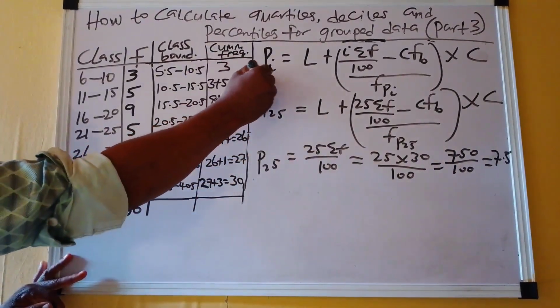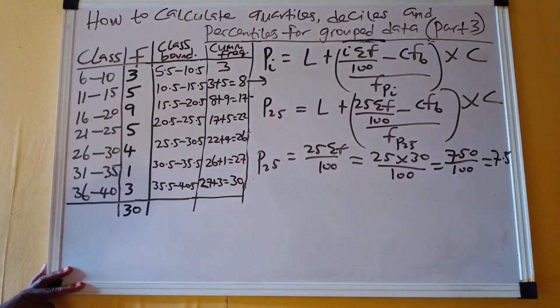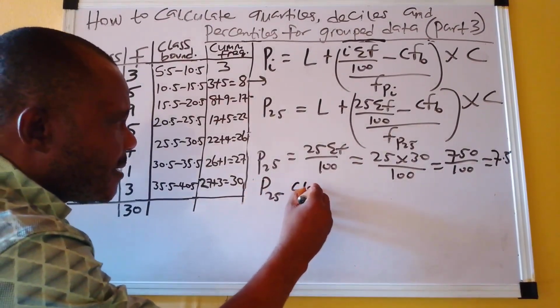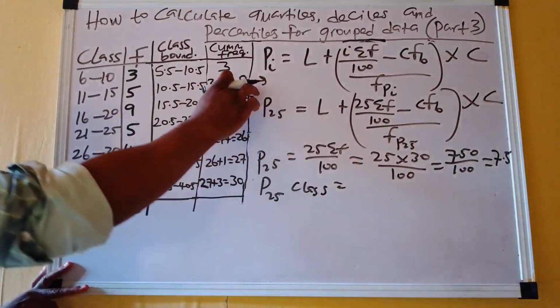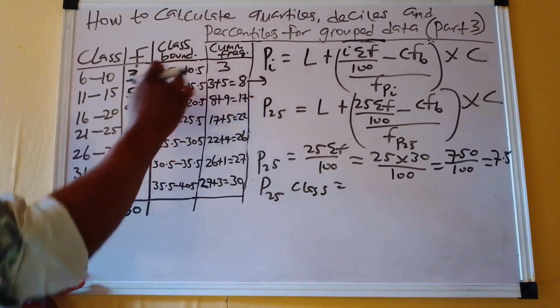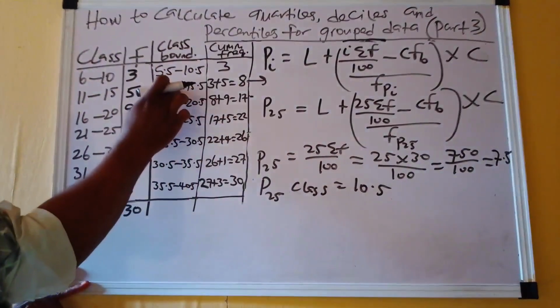It falls here. So our P25 class, 7.5 is not below 3, but it's greater than 3, so it falls here. So it will be 10.5 to 15.5. Remember, you are taking it from the class boundaries.